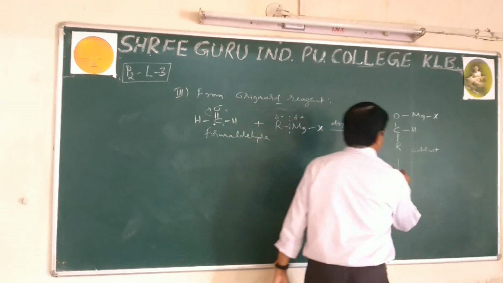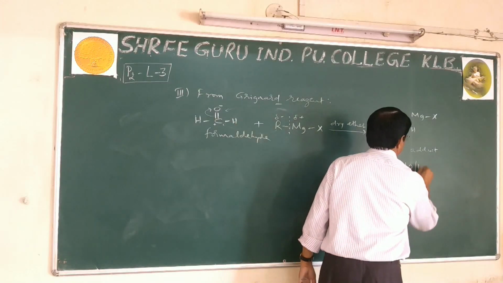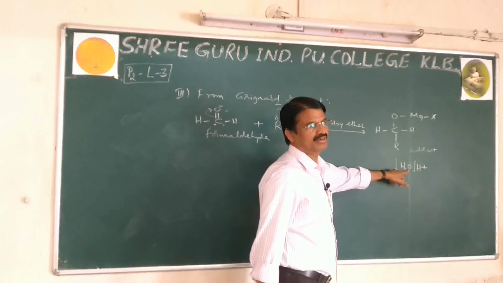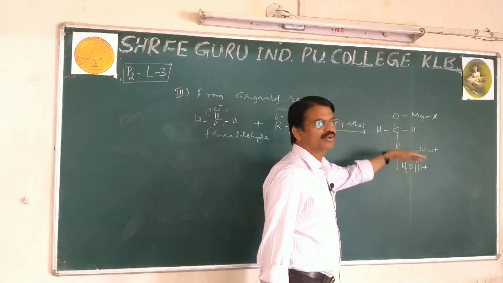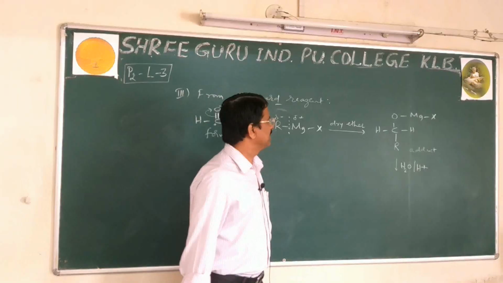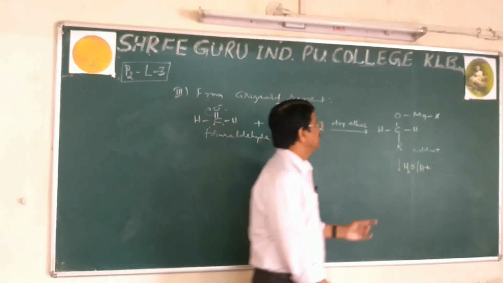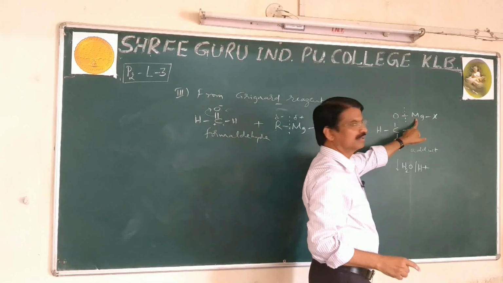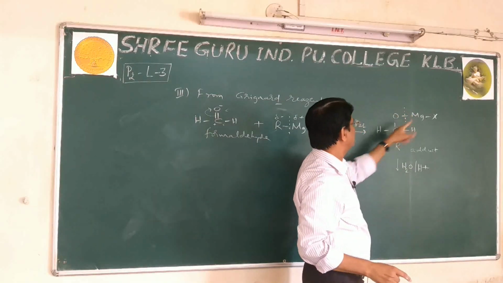And further, upon hydrolysis catalyzed by acid, it is called acid catalyzed hydration or acid hydrolysis. But hydrolysis occurs at the O-Mg bond, not here, because it is highly polar compared to the other one.